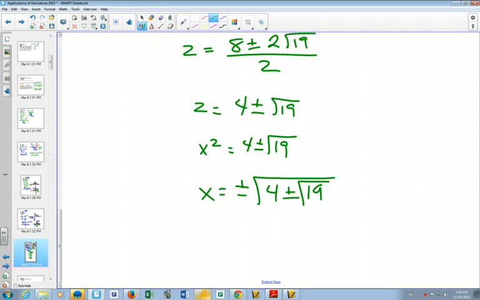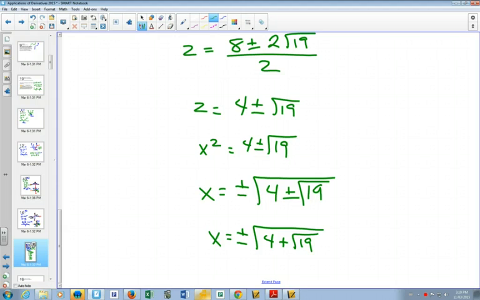When I do 4 minus 19, I get negative 15. That's a problem with the square root. When I do 4 minus square root of 19, well, the square root of 19 is a little bit bigger than 4. So that gives us a negative number inside a square root. So that will be a problem, and the only answers will be plus or minus square root of 4 plus square root of 19.